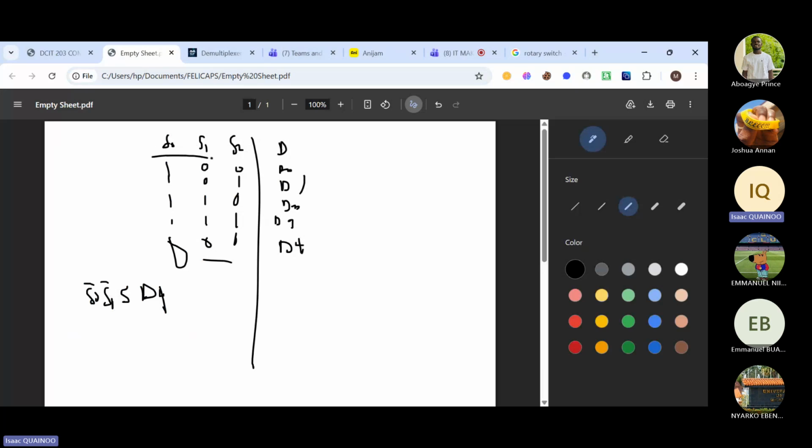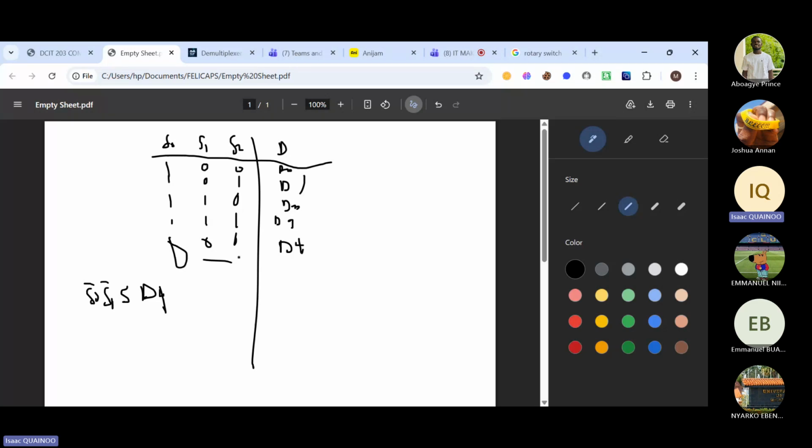You know that a 1 to 8 demultiplexer will have 3 select lines, S0, S1 and S2. The input combination is S2 being 0, 1, 0, 1, S1 being 0, 0, 1, 1, and S0 being 1, 1, 1, 1.